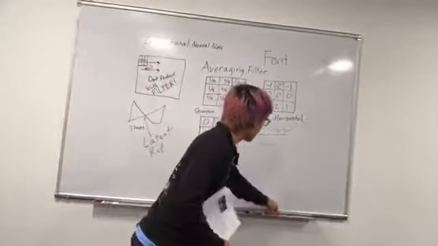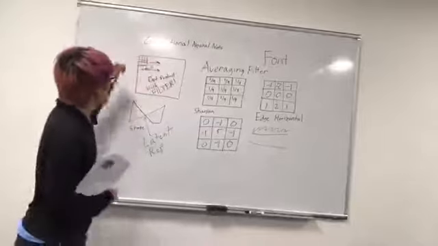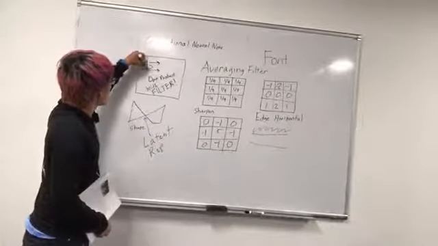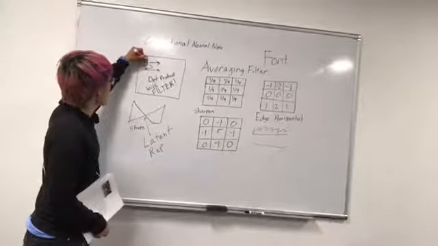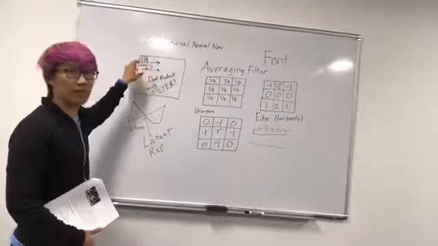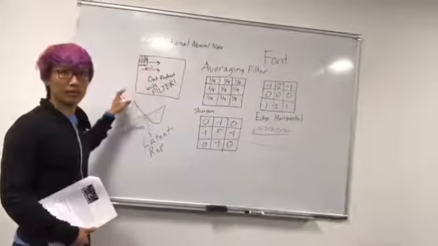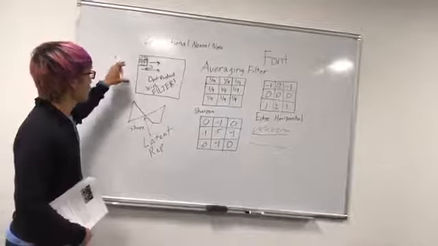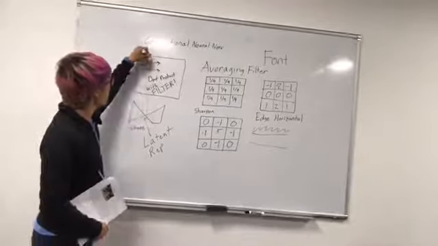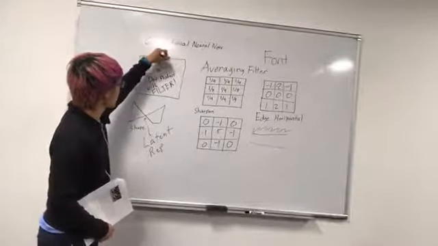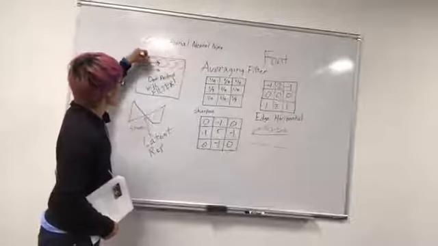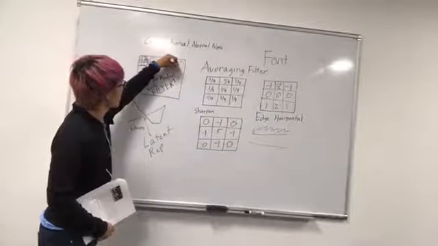Pooling is when we take the maximum, let's say we're doing max pooling of this portion of the matrix, and then we reduce our matrix down to these maximums. So let's say we have one here, here, here, here.